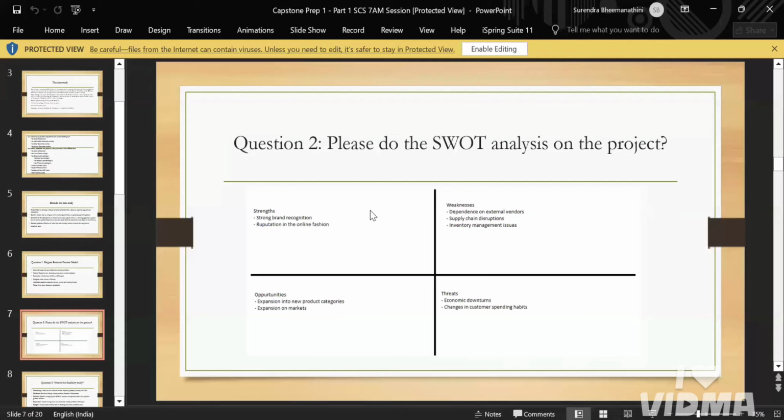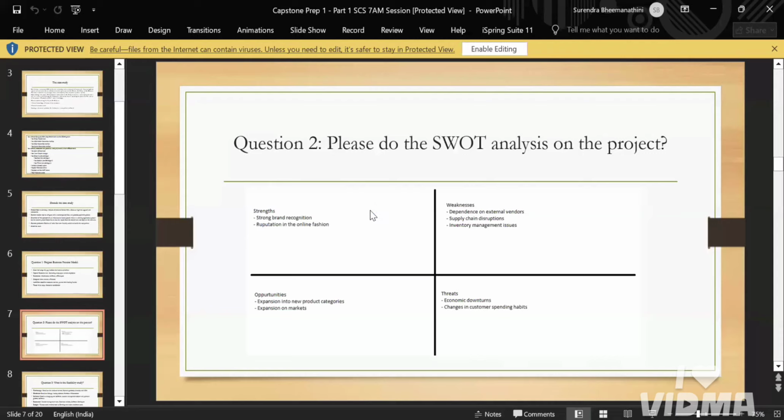For this SWOT analysis, the strength is strong brand recognition and reputation in online fashion. The weaknesses you can find here, for example, are dependency on external vendors, supply chain disruption, and inventory management issues.